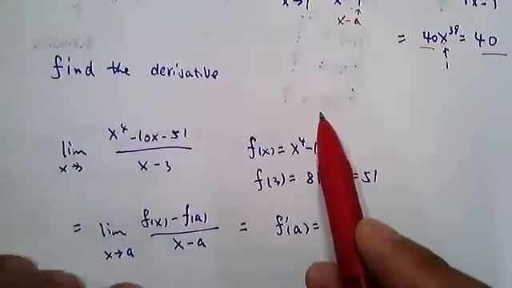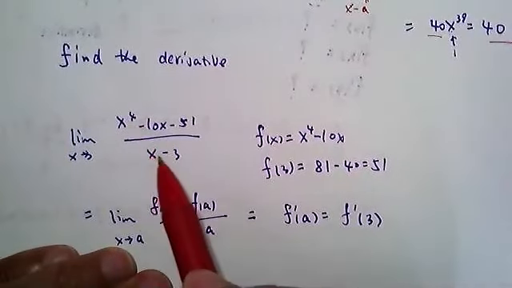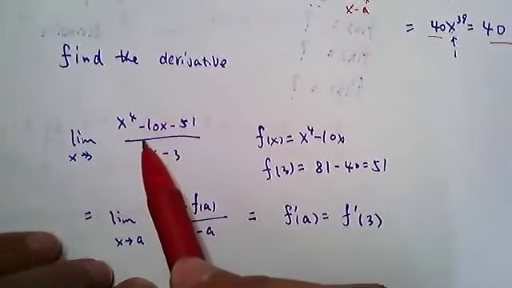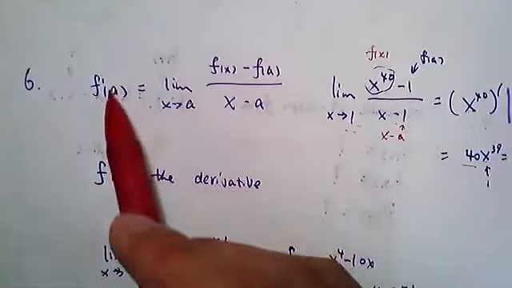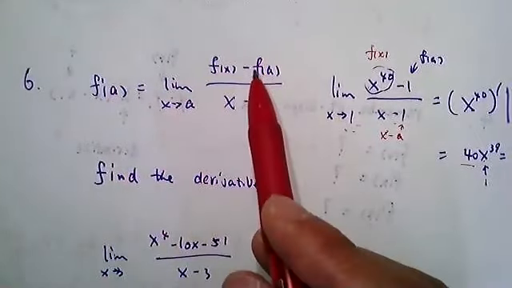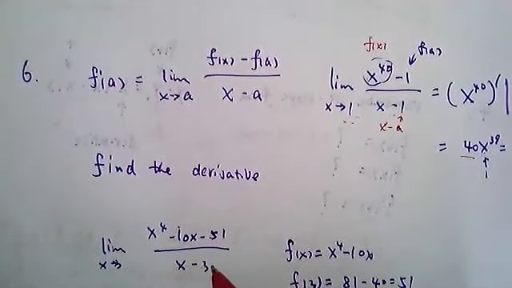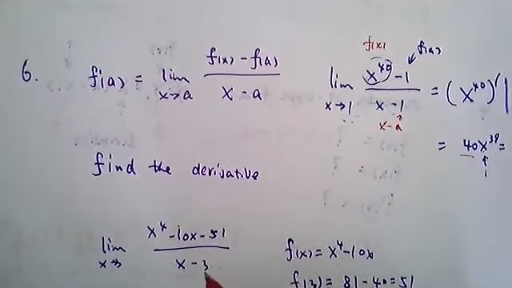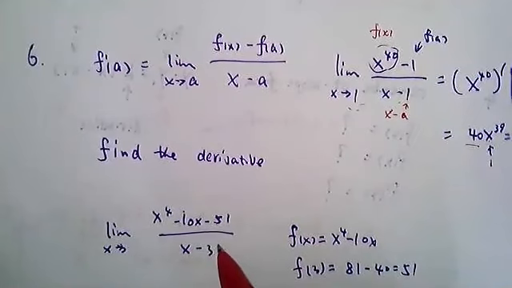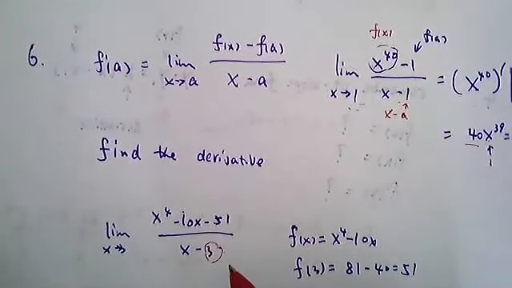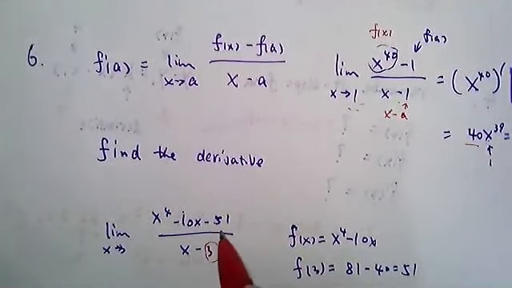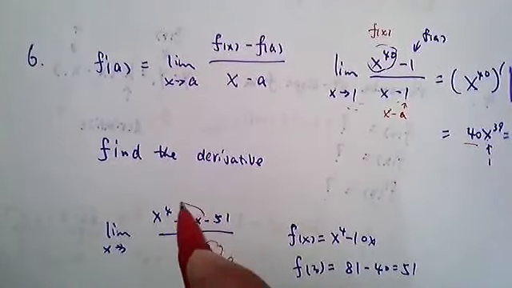Here, the question asks you to find something more difficult. Again, we use this formula. Look at this formula. A function minus something, x minus a number, okay? So we notice that this is still in the rule of a, placed as a here. So this part is still the function.